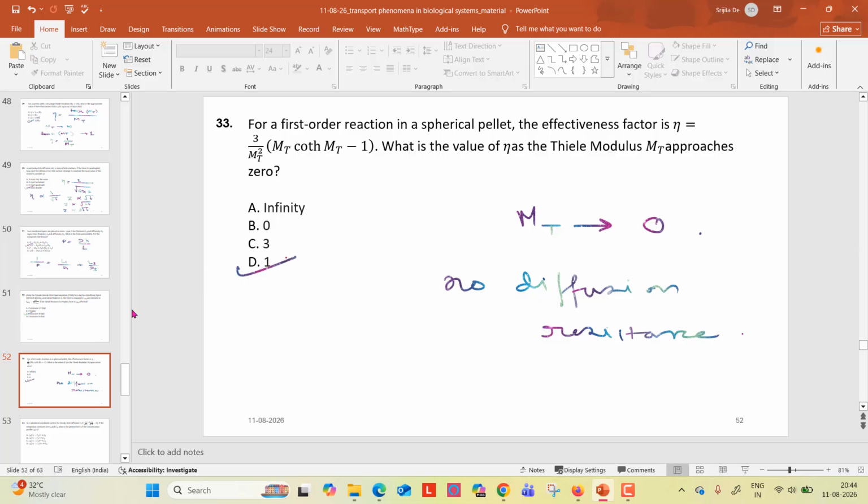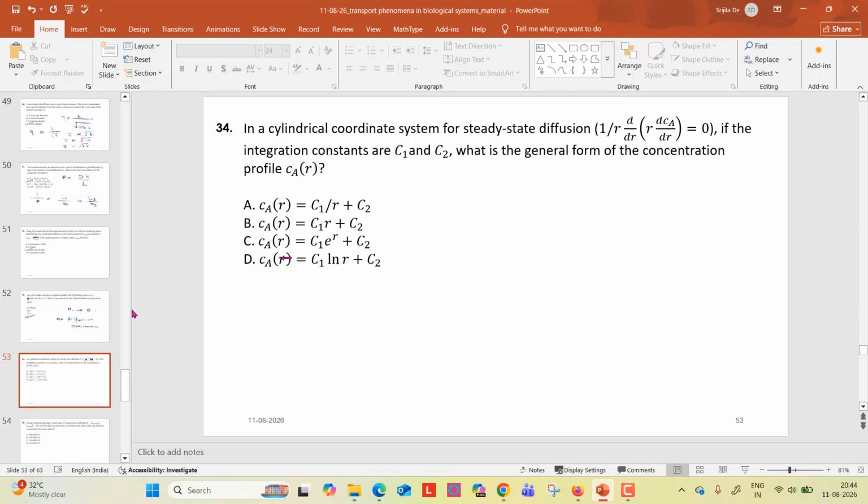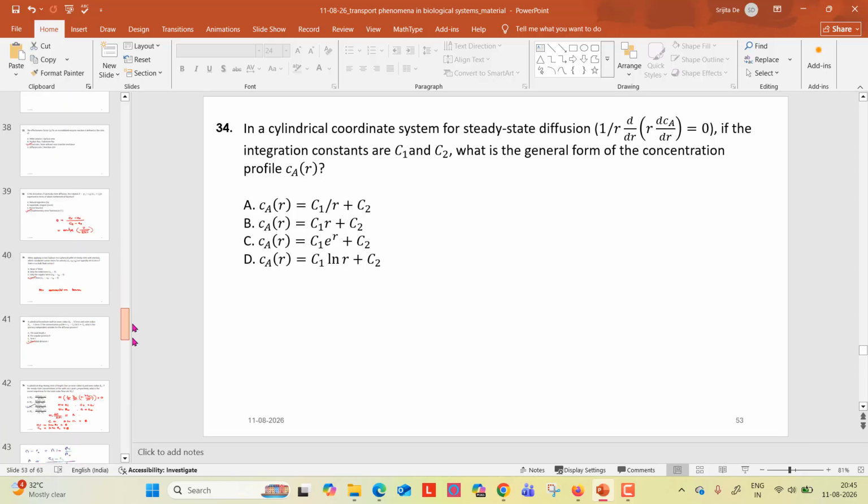In a cylindrical coordinate system for steady state diffusion, 1 by r d/dr of r dC/dr equals 0. If the integration constants are C1 and C2, what is the general form of the solution? Just now we have seen it, so it is option D. We have shown this here, right? Where is it?